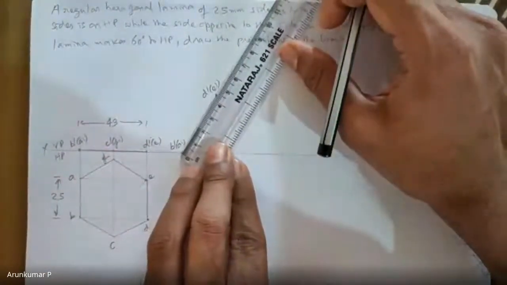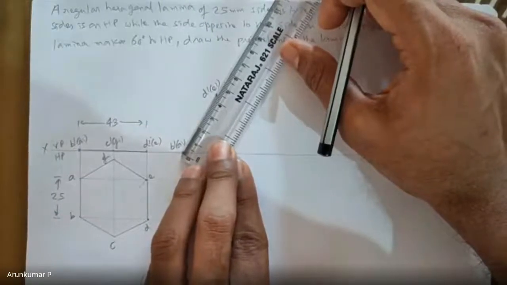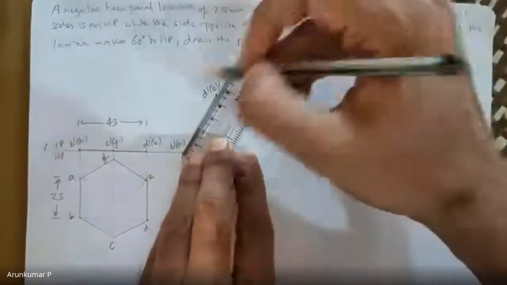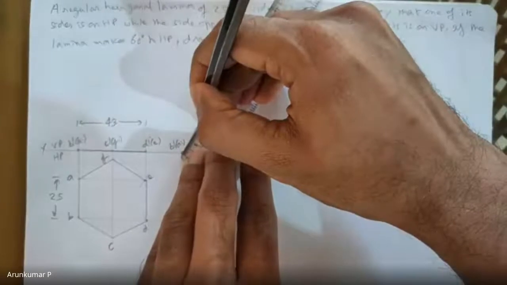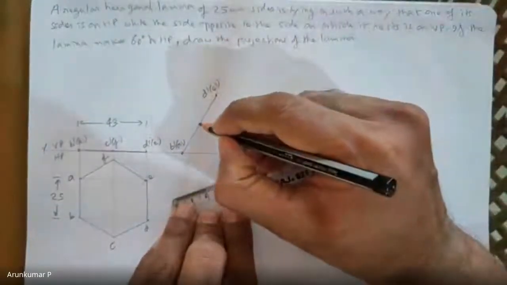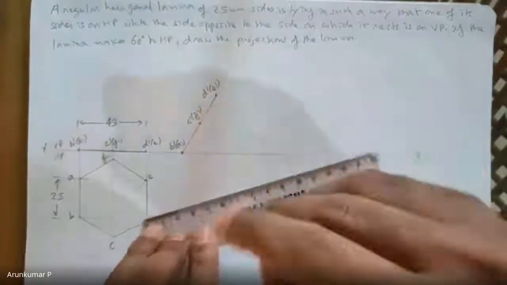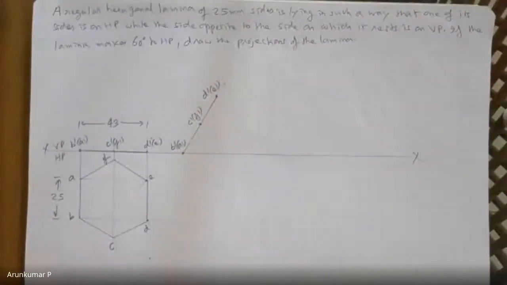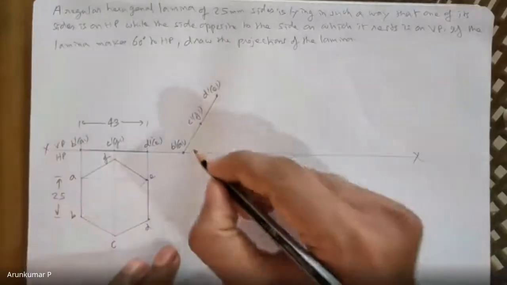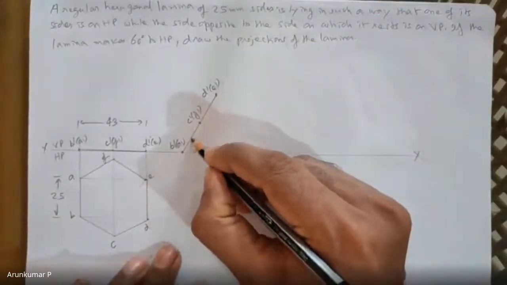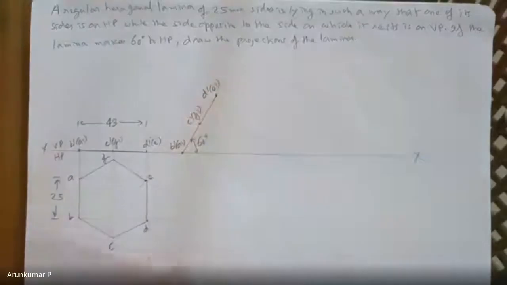So midpoint I would say 21.5 roughly. So maybe somewhere here. This is C dash F dash. Angle 60 degrees. Theta angle.